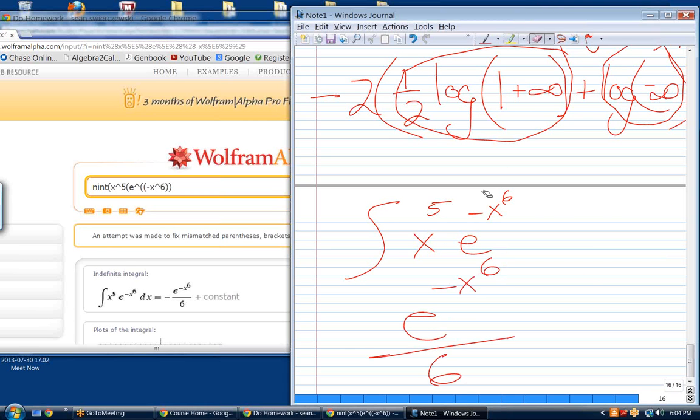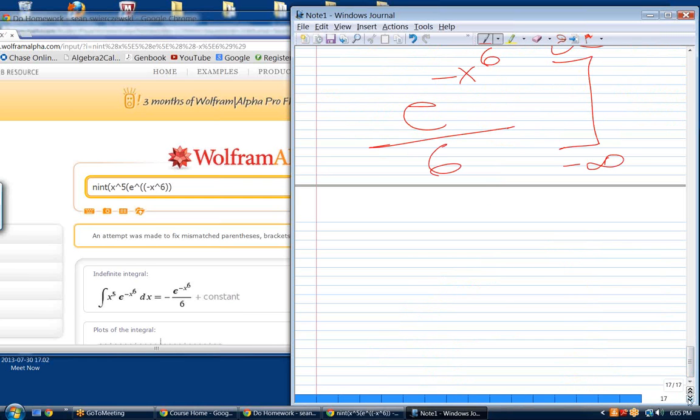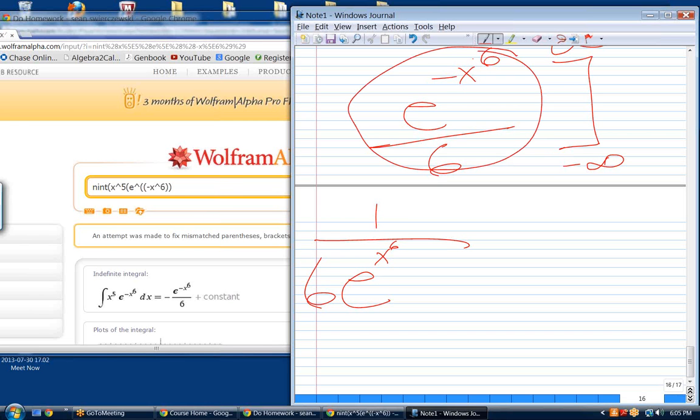And we want to evaluate that from negative infinity to positive infinity, correct? Yes. Okay, so that's 1 over e to the x to the 6th, right? That's what this is? Yeah.